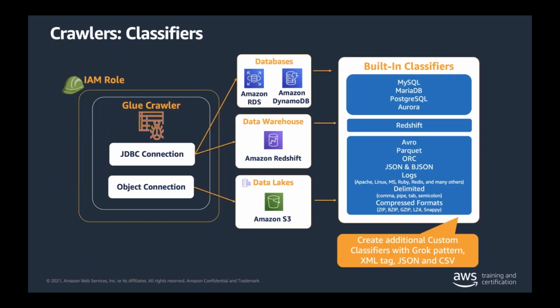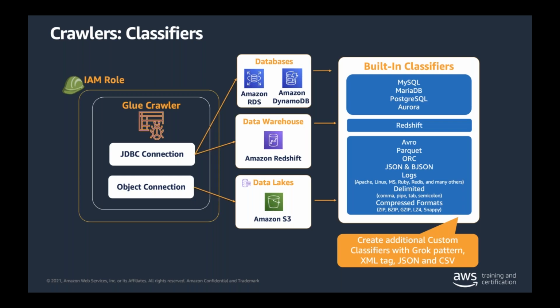Crawlers have several built-in classifiers to discover data stored in various formats, including JSON, CSV, Parquet, weblogs, and many database systems as well, such as RDS, Redshift, and DynamoDB. These classifiers can also be used against S3 files compressed with zip, bzip, gzip, LZ4, and snappy formats.